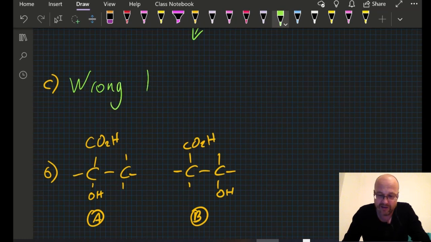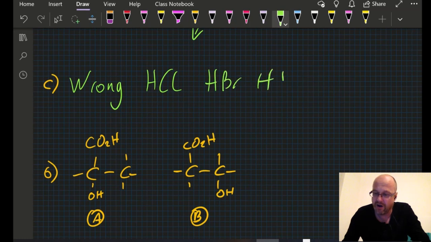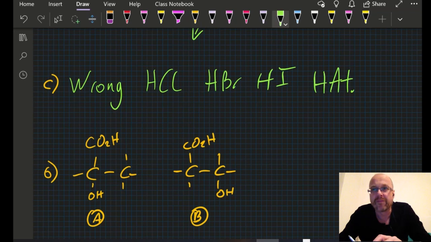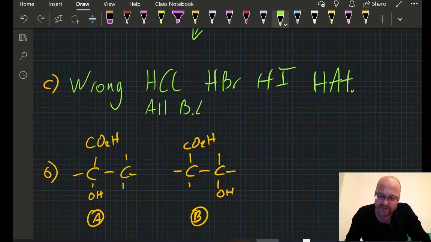For example, hydrochloric acid, hydrobromic acid, hydroiodic acid, or hydroastatic acid. So that part's wrong. But all acids contain hydrogen. Well, all Bronsted-Lowry acids contain hydrogen because they give away an H+. So I think it's correct to say that all Bronsted-Lowry acids contain hydrogen.